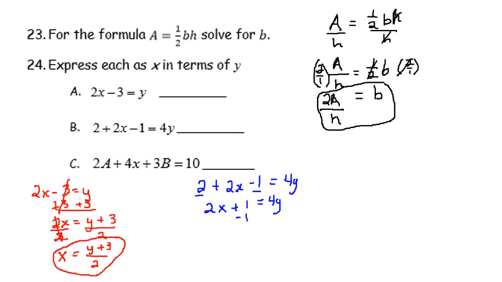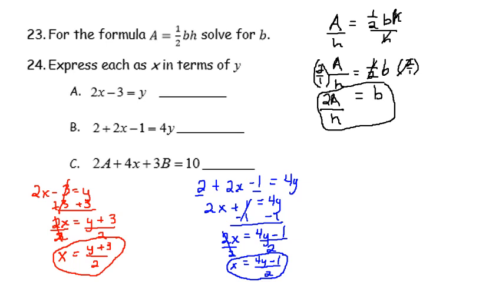So I'm going to get rid of the 1 by subtracting. That gives us 2x equals 4y minus 1. Divide everything by 2, because the inverse of multiplying is dividing, and that gives us x equals 4y minus 1 all divided by 2. And that is your 24B.